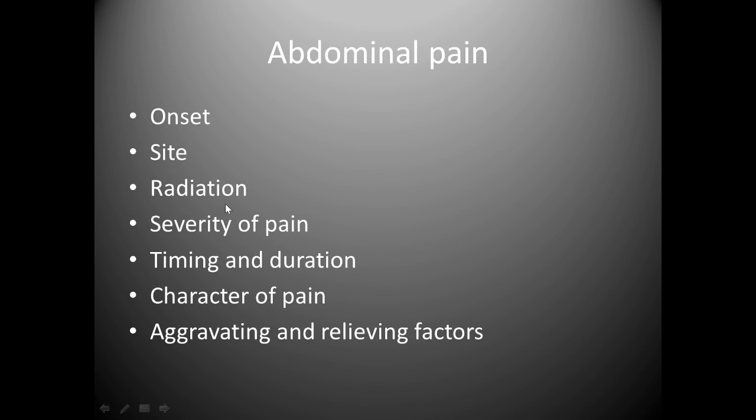Or pain can radiate towards the loin or backside in case of renal stones. Now, severity of pain. Generally if the patient has mild pain, then he will not have any discomfort, but if the child has severe pain, he may start crying or become restless.